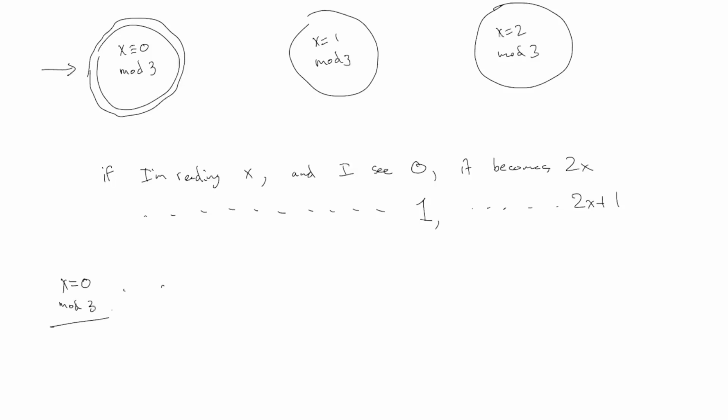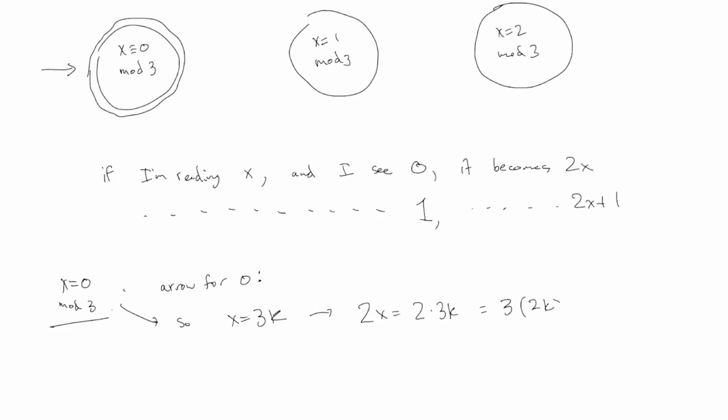And the arrow for 0. So if x equals 0 mod 3, that means that x is a multiple of 3. So I can write x equals 3k. And then ask myself, what about 2x? Because when you read a 0, it changes this into 2x. So that means 2x is 2 times 3k, which is still a multiple of 3, right?